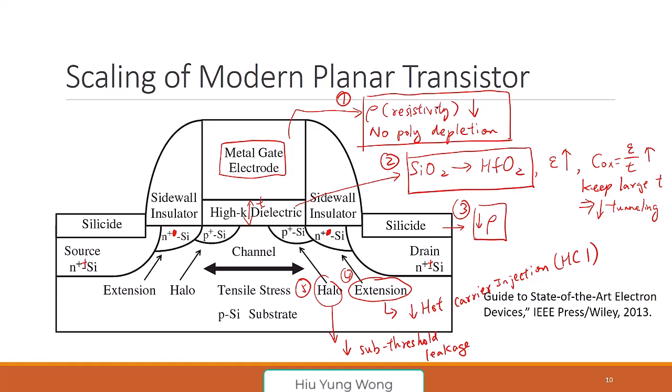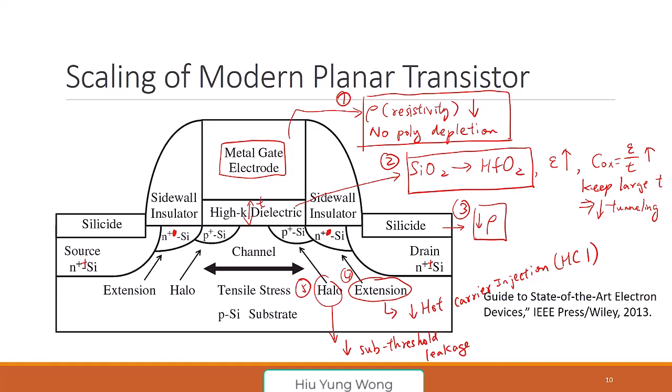And another important thing is the so-called gate last process. Let me also mention it here. Gate last means what? When they fabricate the transistor, they still start with the polysilicon, because they cannot put metal like aluminum, it will melt. After everything is done, they remove this poly gate and replace it with the metal gate.